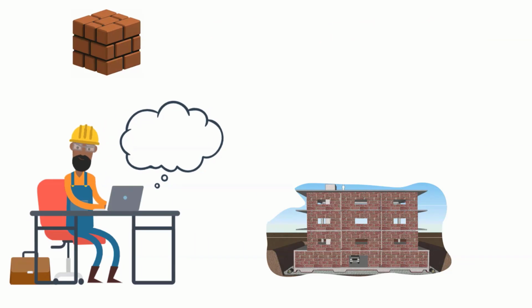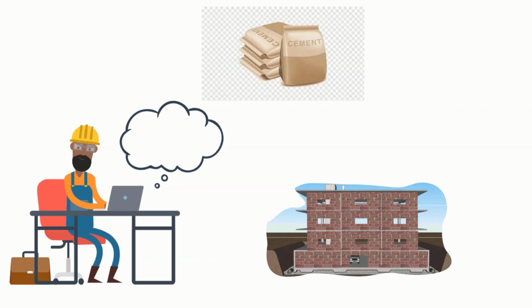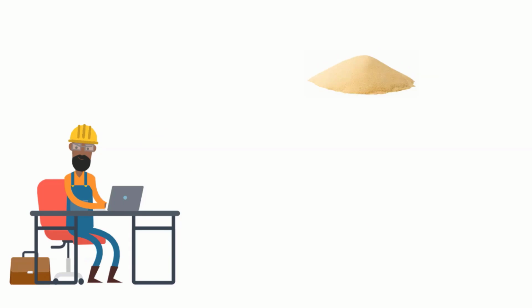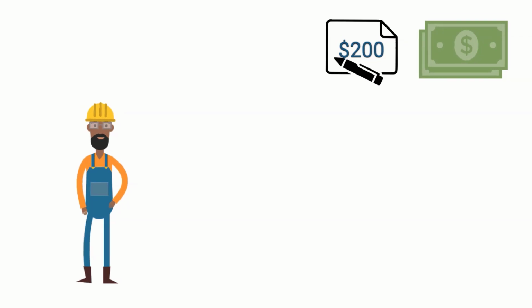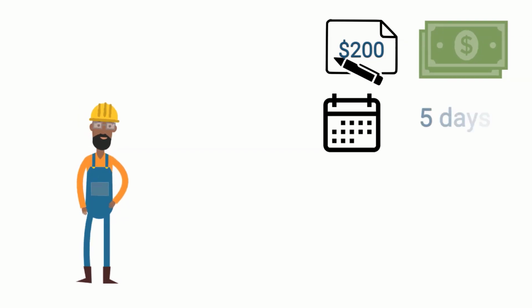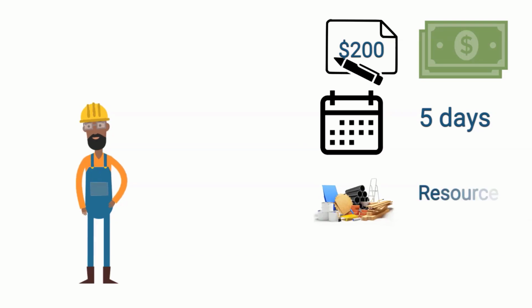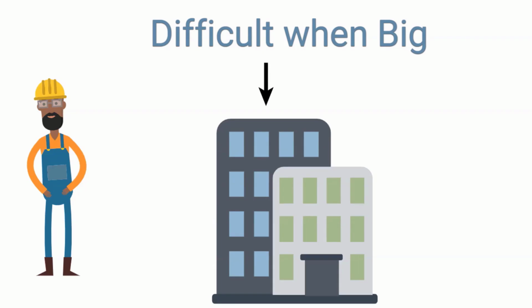Maybe I need half a bag of cement. Okay, I also need some small sand. So it's easy for you to tell me, okay, I'll be needing $200. Okay, I'll be needing 5 days. Okay, I'll be requiring this amount of resources. So it's easier when it's smaller, and it's so difficult and nearly impossible when it is so big.